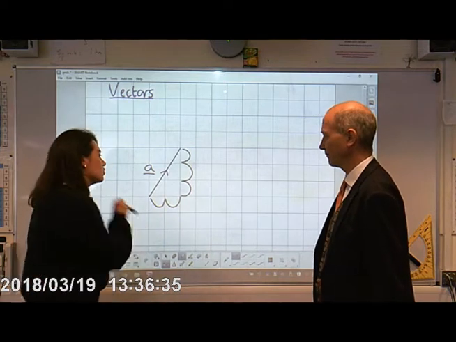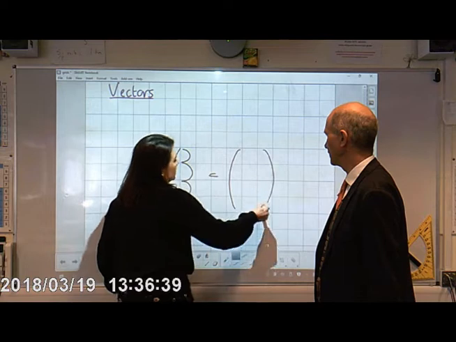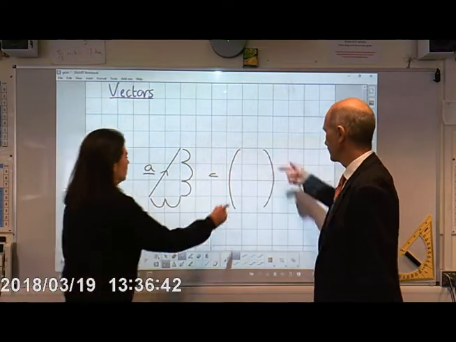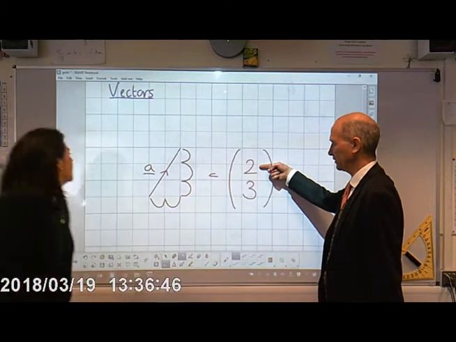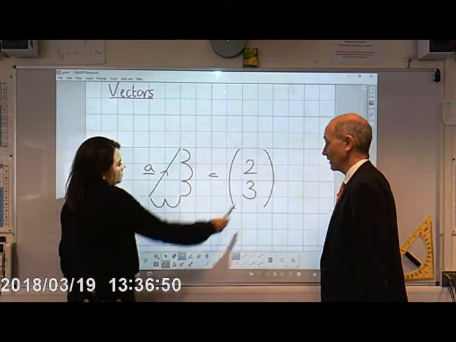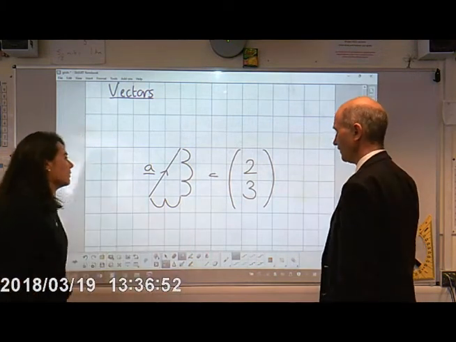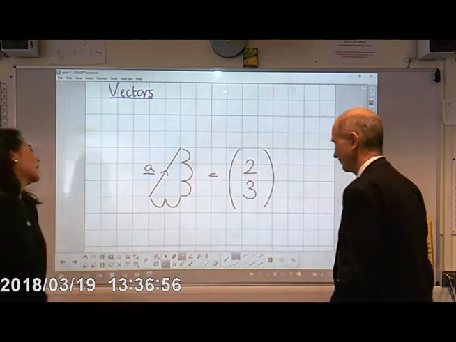So it goes 2 to the right and up 3. If that was in a column vector, that would be the vector (2, 3): +2 because it's going to the right, and +3 because it's going up. If it was negative, we're going back, left and down.